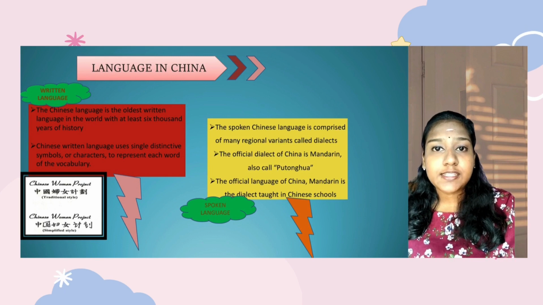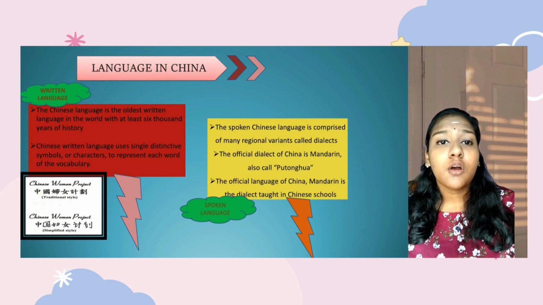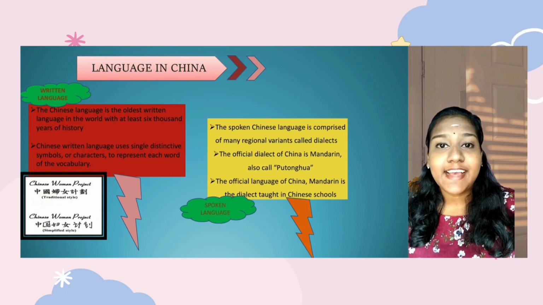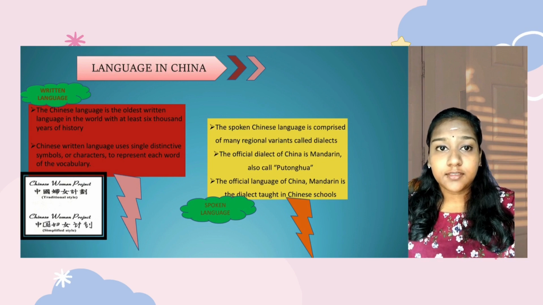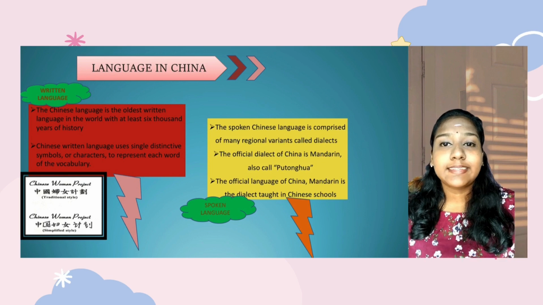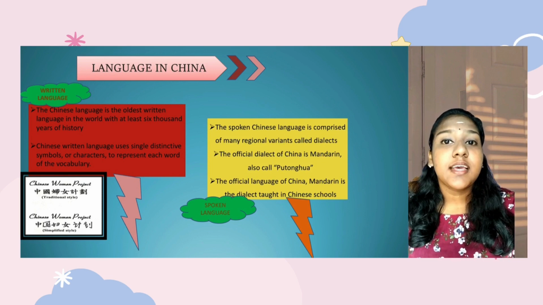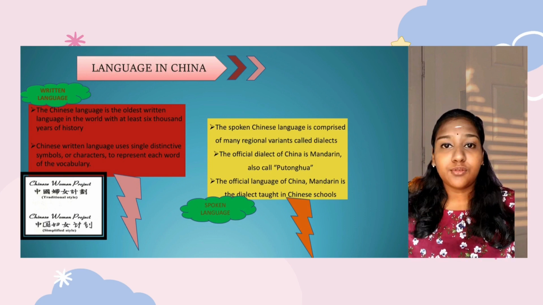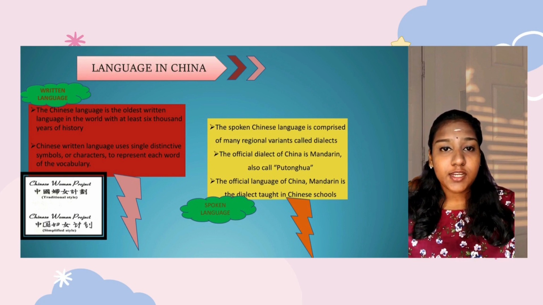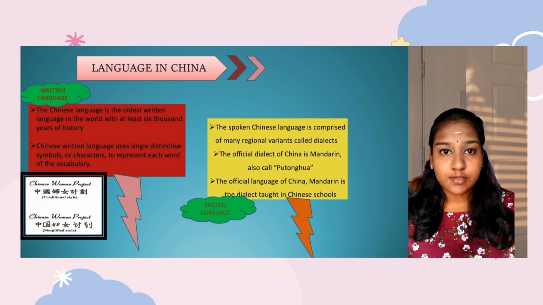The spoken Chinese language is comprised of regional variants called dialects. Modern Chinese dialects evolved between the 8th and 3rd century BC. The differences in dialects are due to different pronunciation and vocabularies.